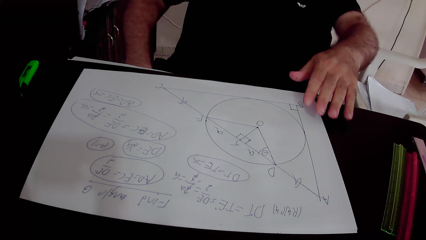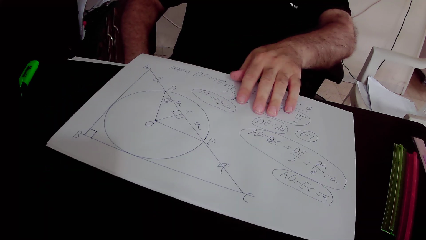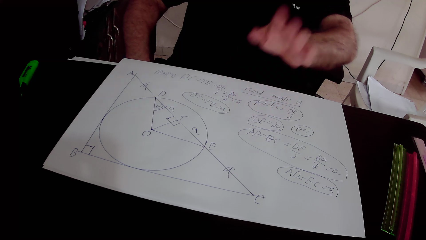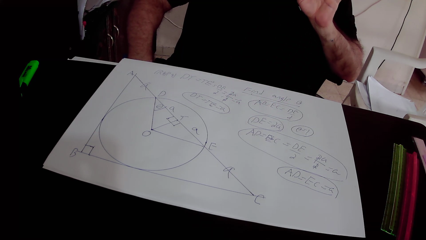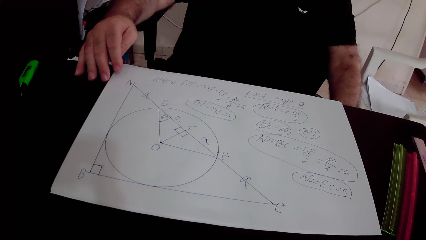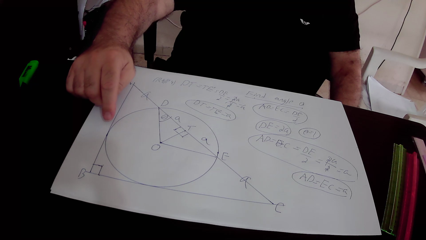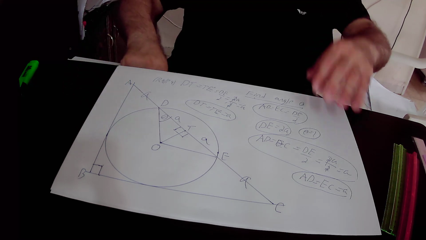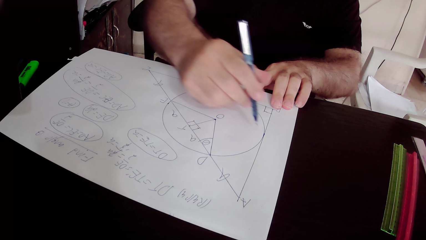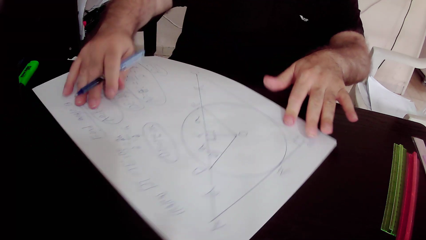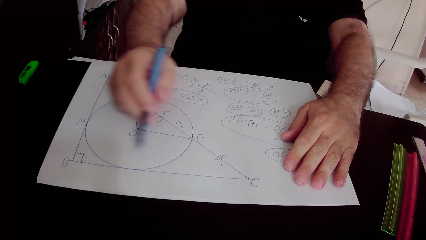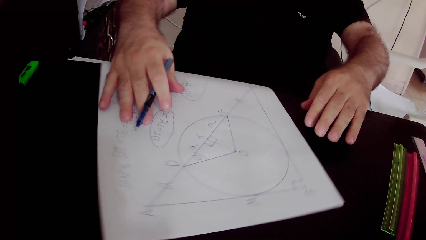Because in our drawing we have, but before we do that, here we define the point of tangency of tangent AB with this circle as point M. We will define the point of tangency of tangent BC with this circle as point N.